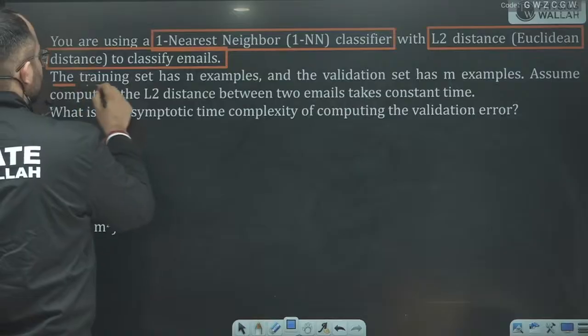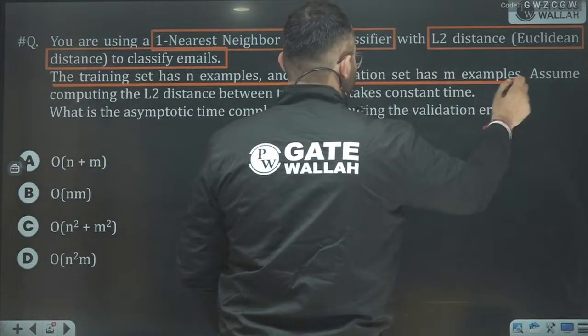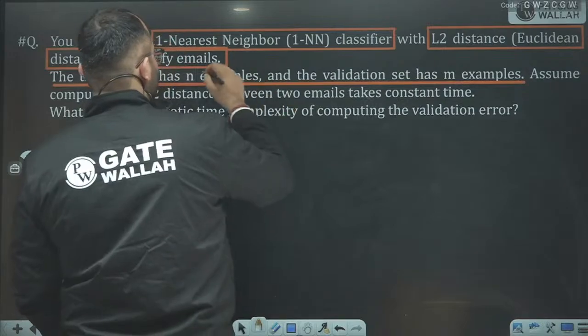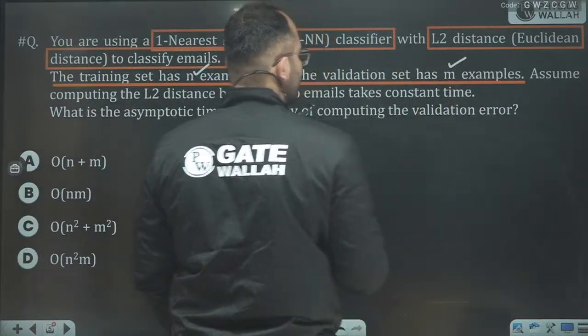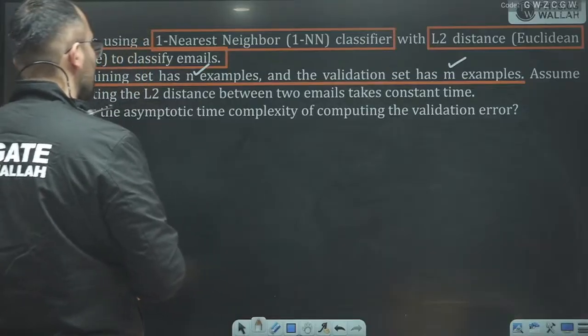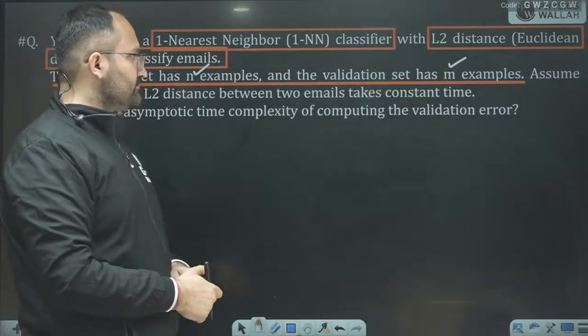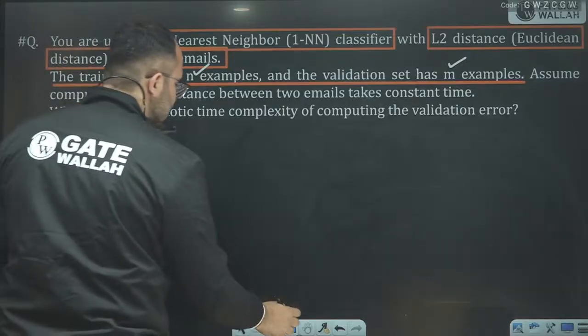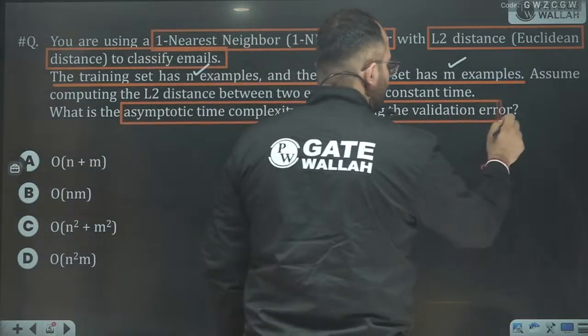The training set has n examples and the validation set, or the test set, has m examples. Assume computing the L2 distance between two emails takes constant time. So what is the asymptotic time complexity of computing the validation error?